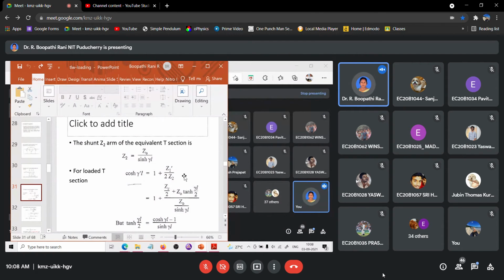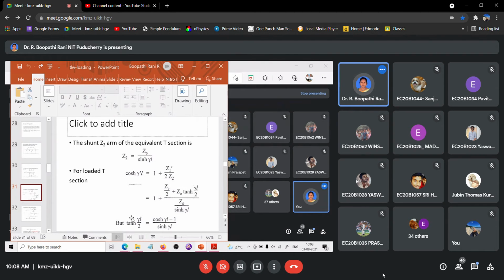Now we are denoting the propagation constant for the loaded line as ν dash, and for the loaded line only the series impedance is changing, so that Z1 we denote as Z1 dash. We already have written the expression for Z1, Z2 for the loaded line.